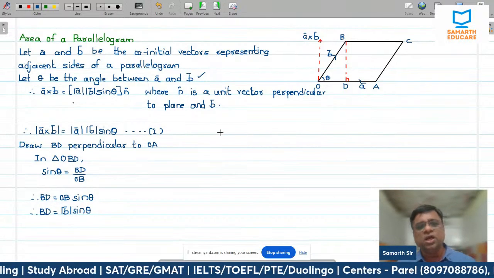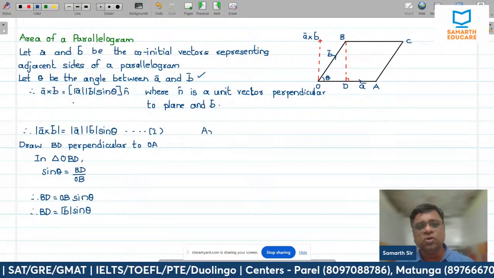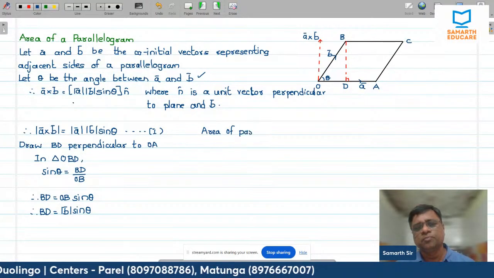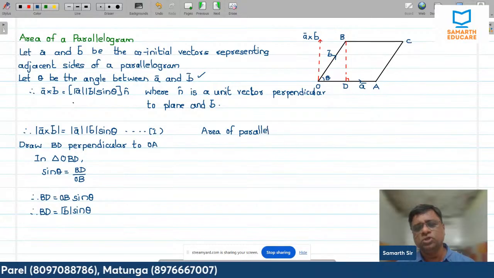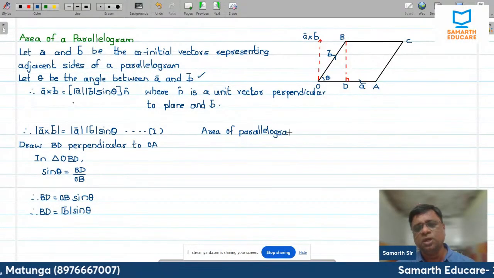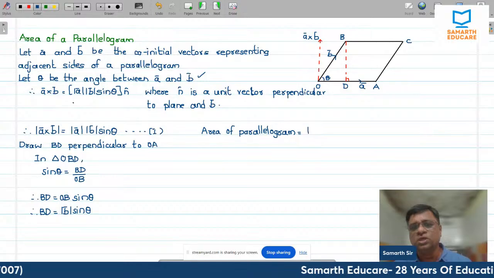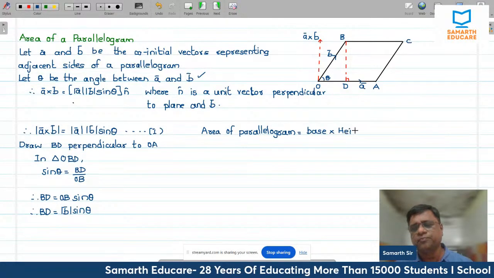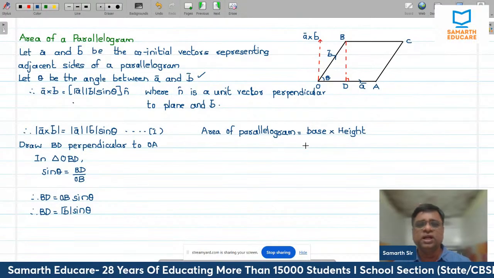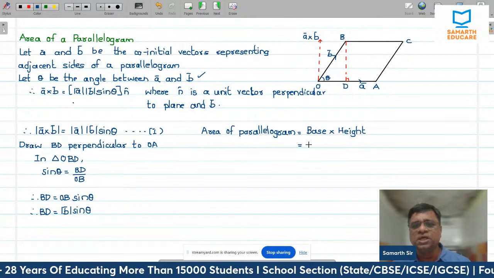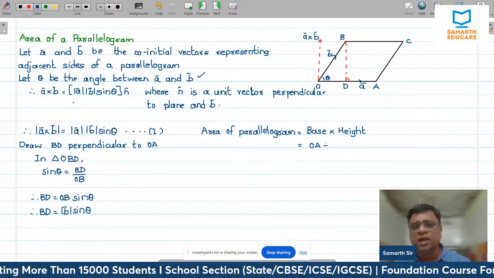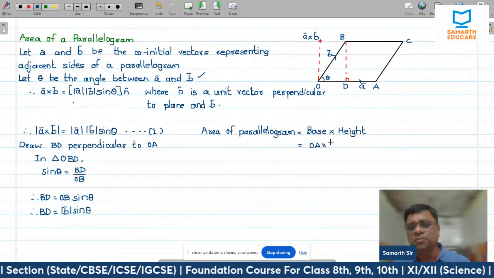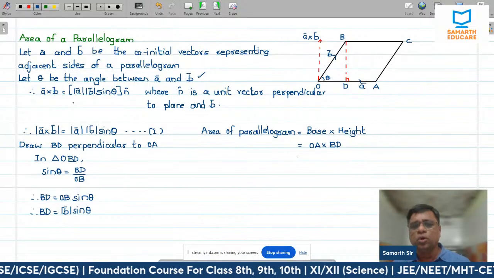Now what is area of parallelogram? If someone asks me what is area of parallelogram, area of parallelogram is always base multiplied by height. Now coming back to the diagram, what do I see? Base is OA and height is BD. OA is mod A bar.